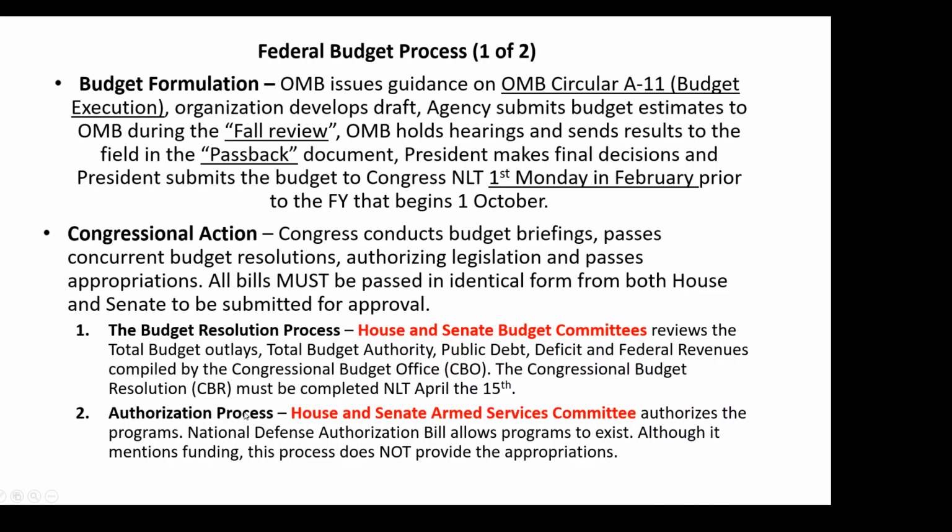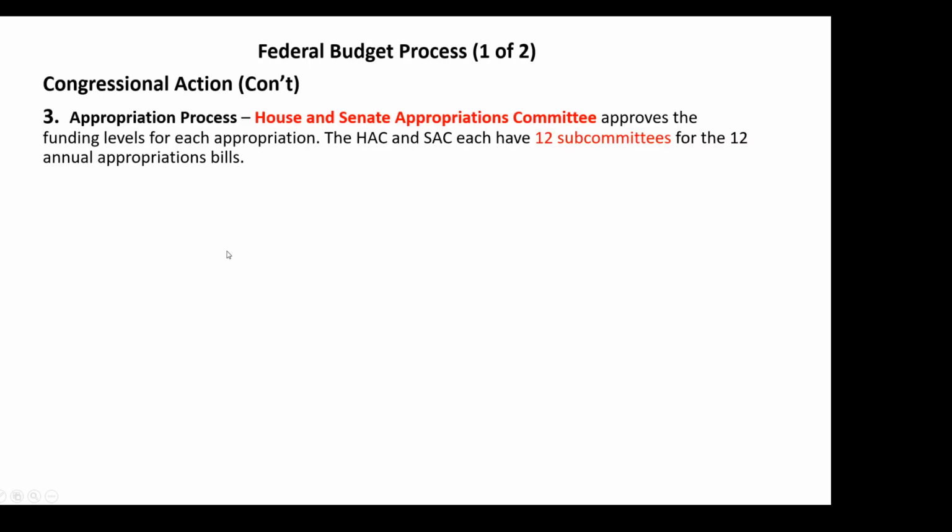All the authorization law does is authorize programs. The third phase is the appropriation process. The House and Senate Appropriations Committees are the ones that approve the funding or budget. And in those appropriations, there are 12 subcommittees, 12 appropriation bills that must be approved.